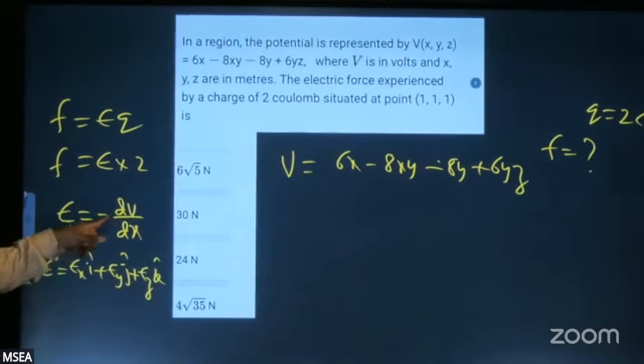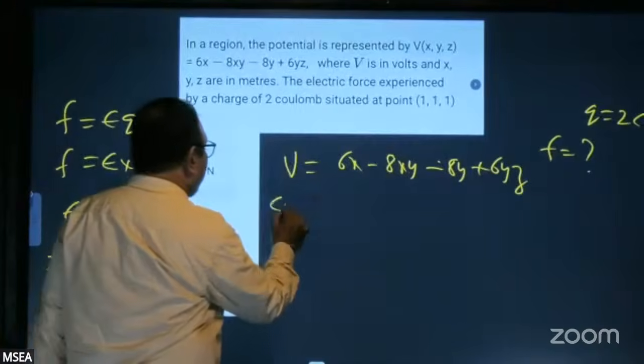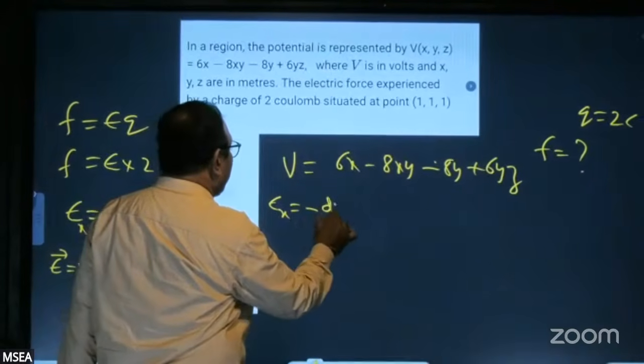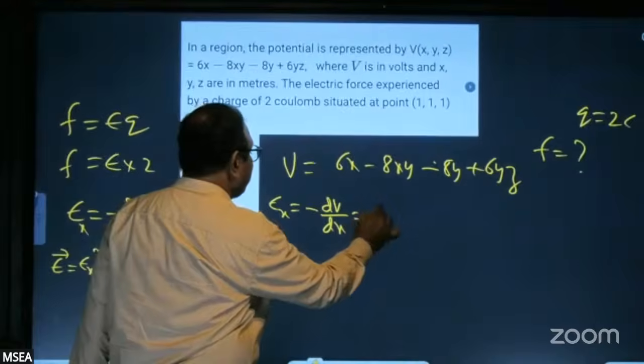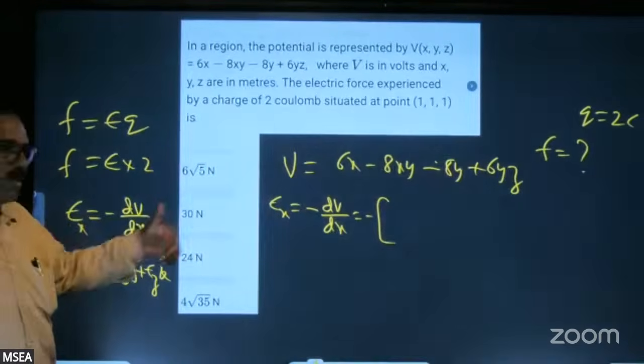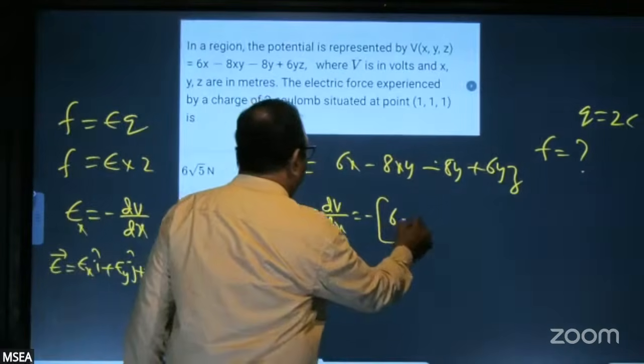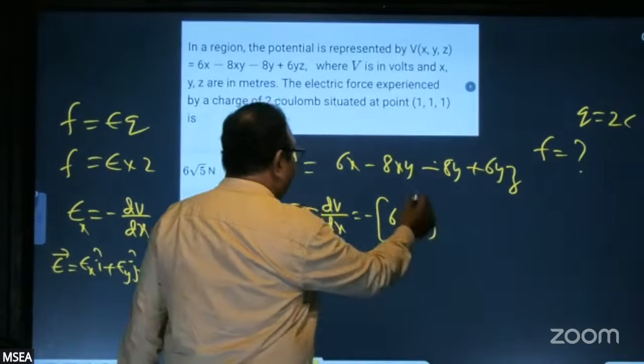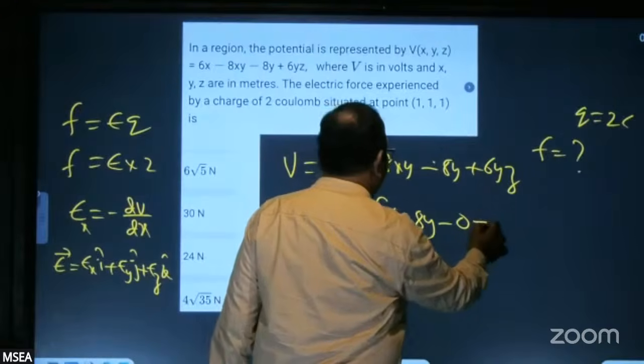So we can calculate Ex like this. Ex is minus of dV by dx, which is equal to minus of the partial differentiation with respect to x, that is 6 minus 8y. The other terms differentiate to 0, since there is no x.